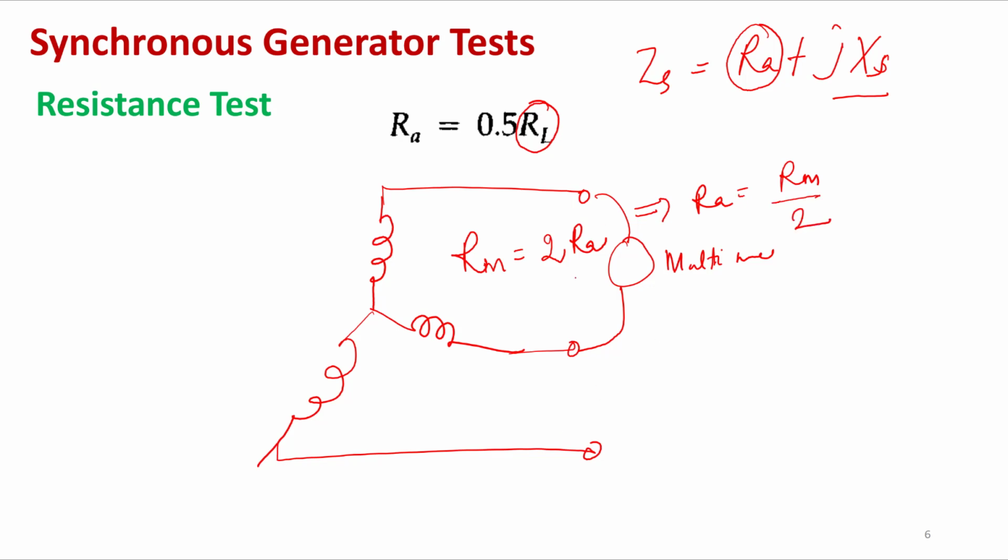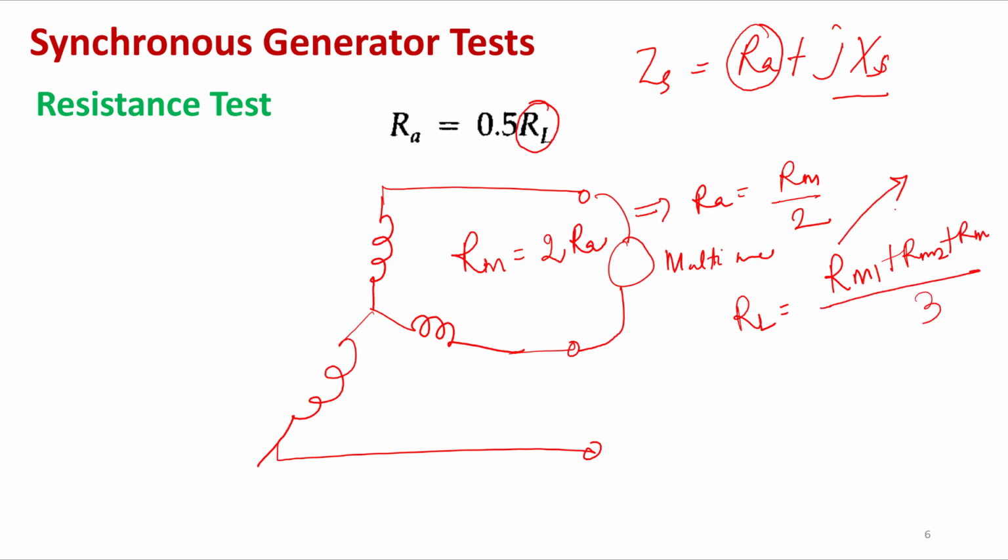Similarly, you can take 3 measurements, and first take the average of the 3 measurements. Let us say RL is equal to (RM1 plus RM2 plus RM3) by 3.